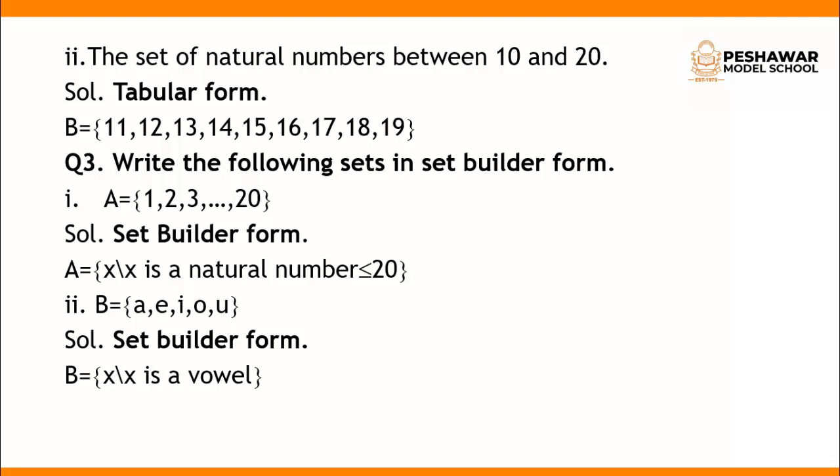We cannot write 10 and 20 because we have to write the natural numbers between 10 and 20. Between 10 and 20 means we cannot write 10 and 20.